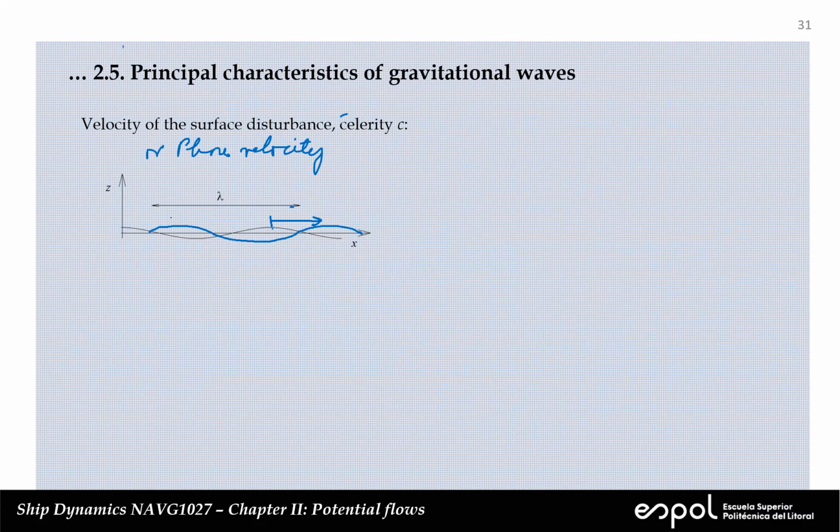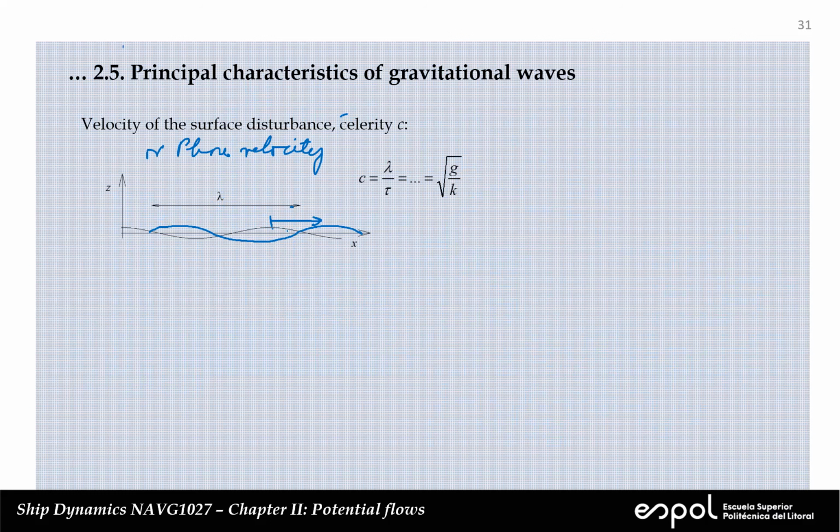Well, we can take the length equal to the wavelength, and let's see how much time it takes to advance this distance lambda. For that, if you fix this point here, it will go up and down and up again in a time equal to the period.